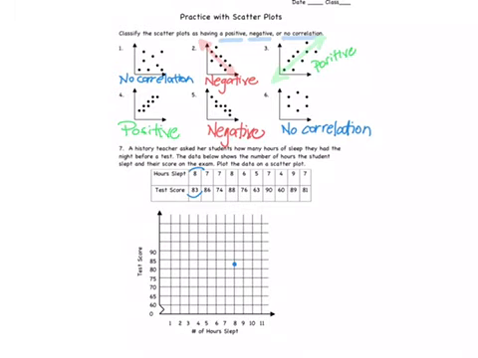Then we would have 7, 86, 7, 74, 8, 88, 6, 76, 5, 63, 7, 90, 4, 60, 9, 89, and 7, 81.